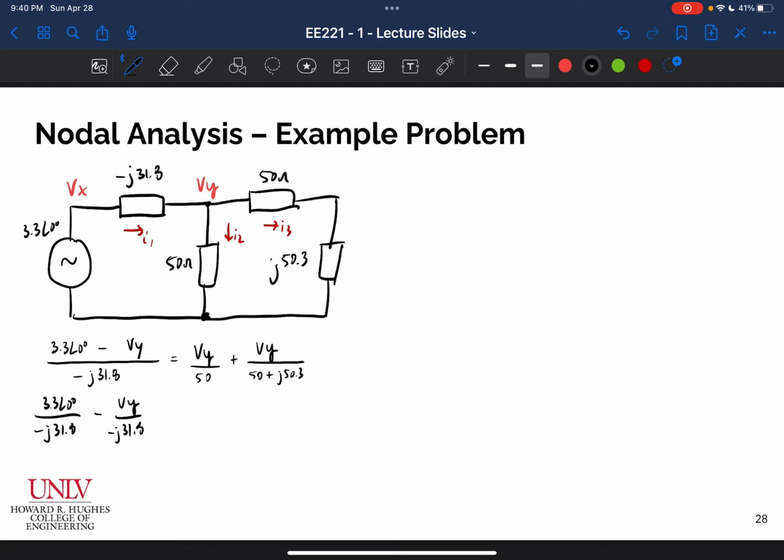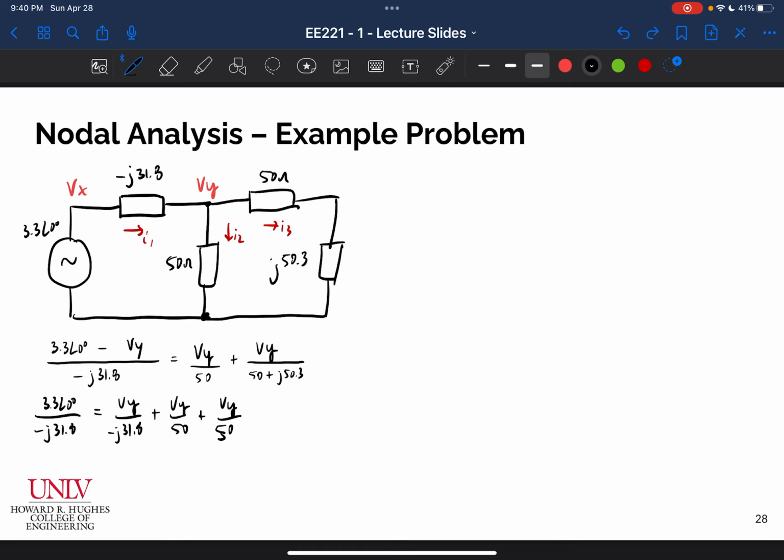I guess I could just go right ahead and add that term over to the other side. So let's just say equals, and then I've basically added this term over to the other side. Right? Yeah, that's correct. Plus Vy over 50 plus Vy over 50 plus j50.3.